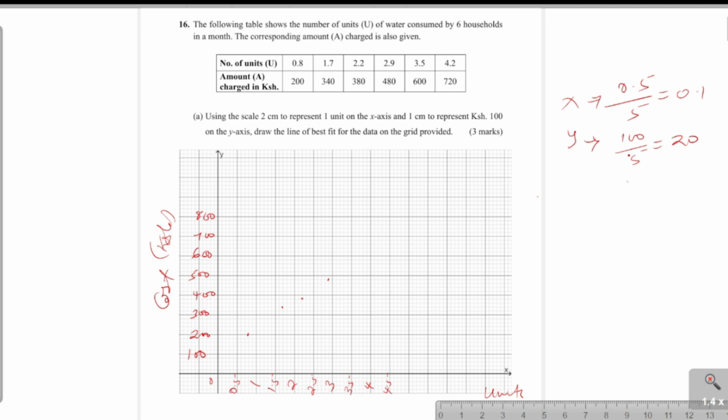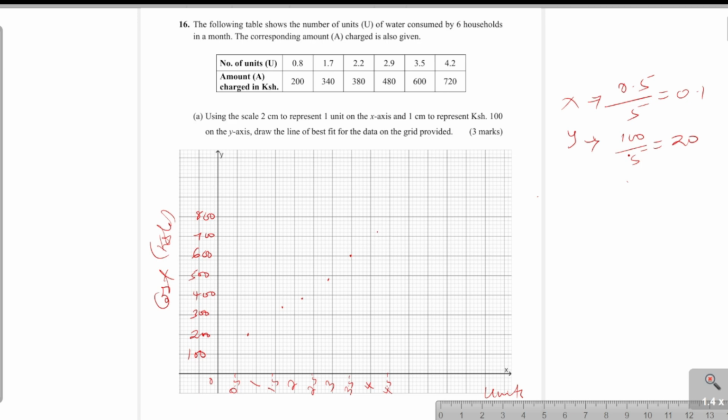Then 3.5, 600 is there. And then 4.2, 720. 4.2, 720 is there.